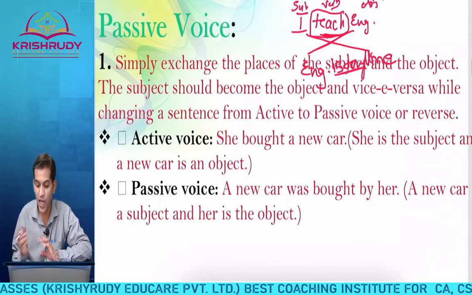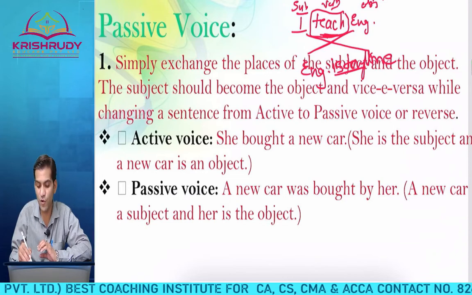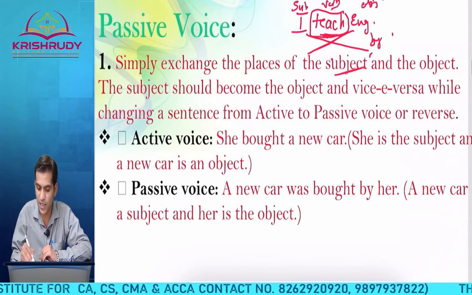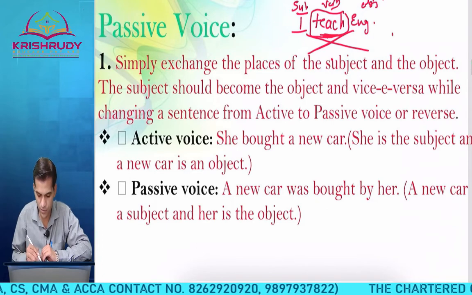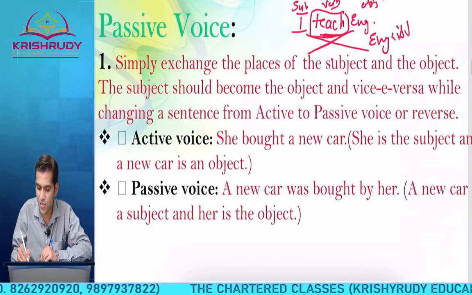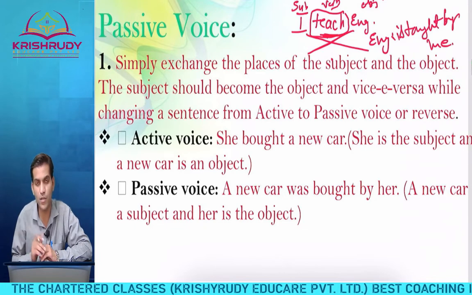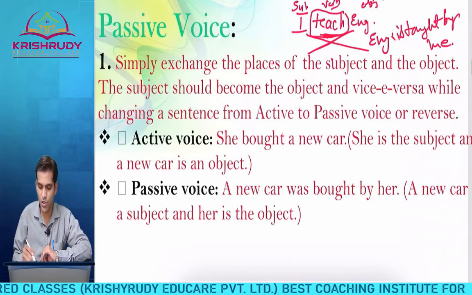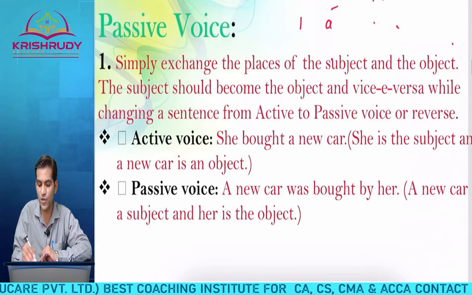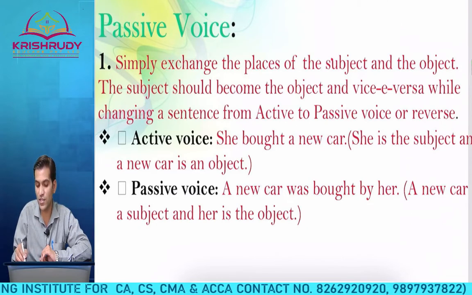And in between this verb and me we have to use by. So the complete sentence will be: English is taught by me. So the same procedure is shown here in this first rule of transforming an active sentence into passive.